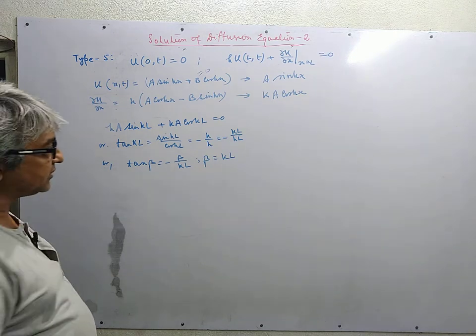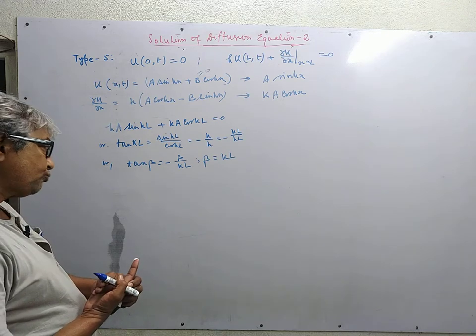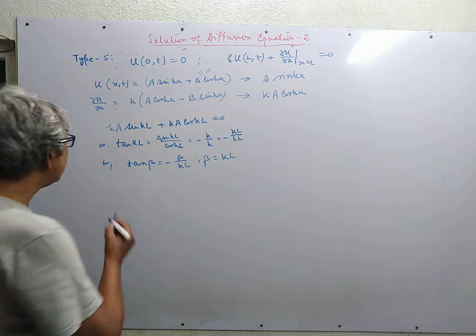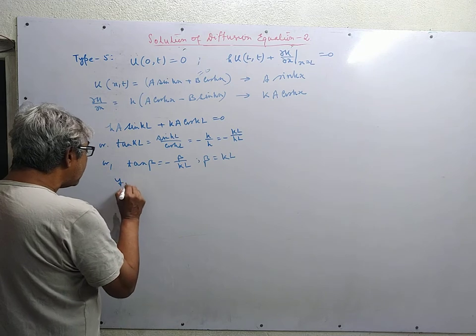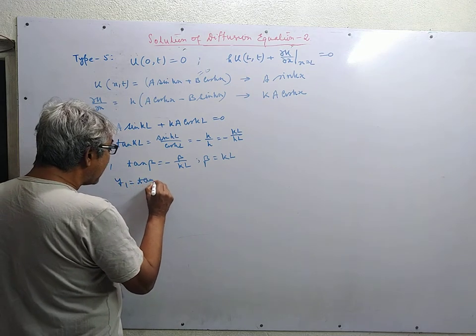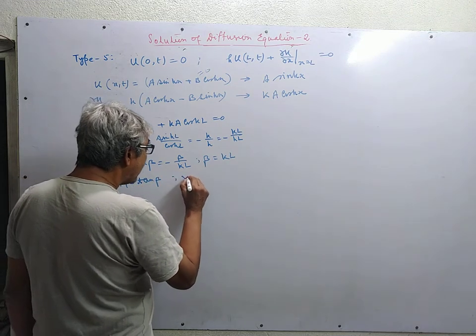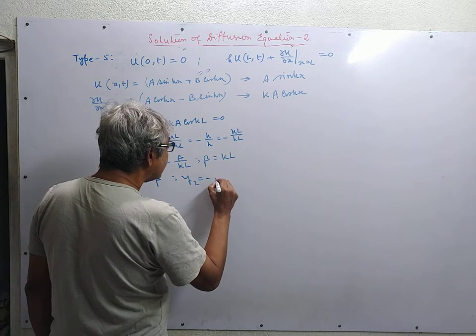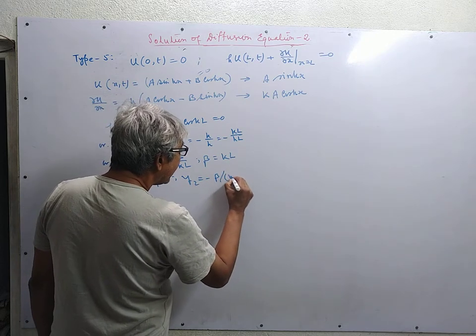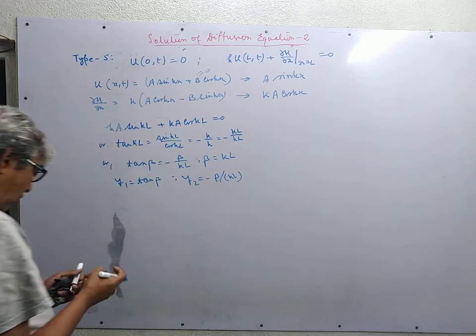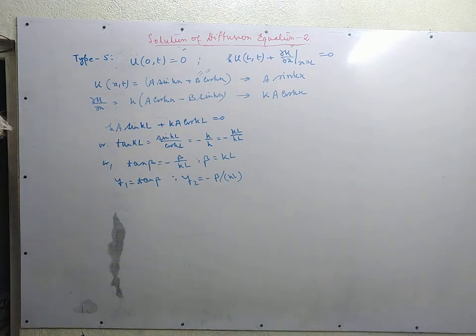This is a transcendental equation. To solve this, we set y1 equal to tan beta and y2 equal to minus beta upon hL, and we draw both the graphs on the same graph paper, and the point of intersection gives us the solution.